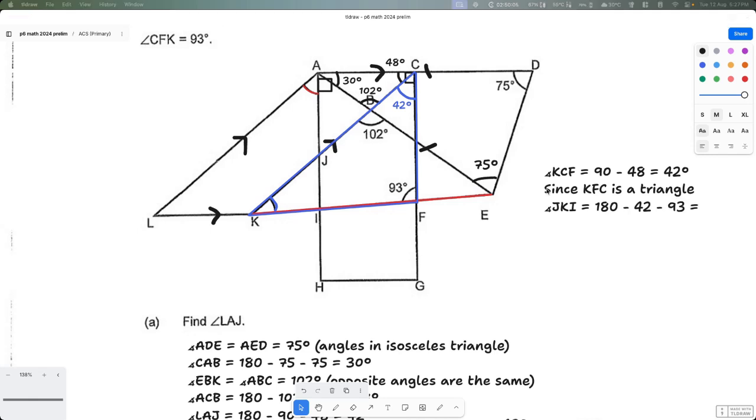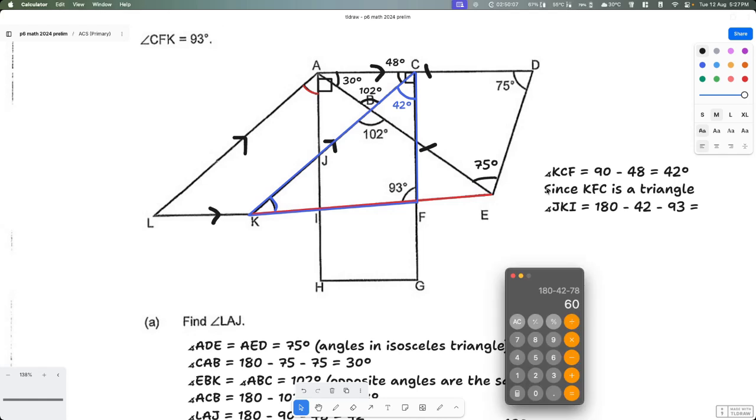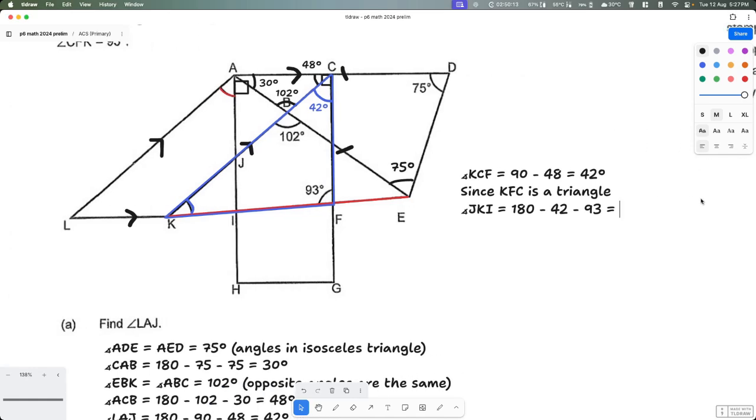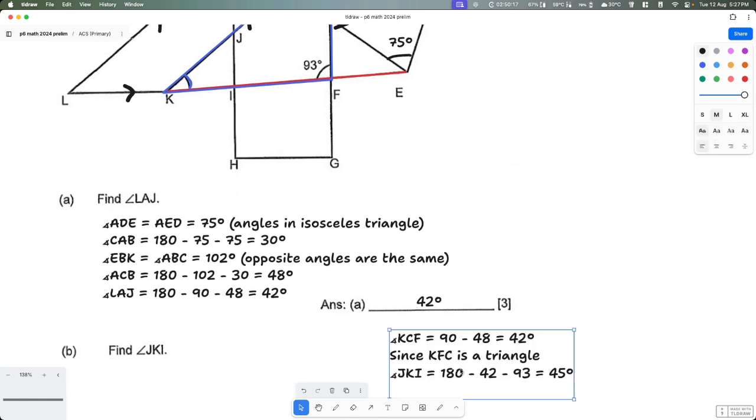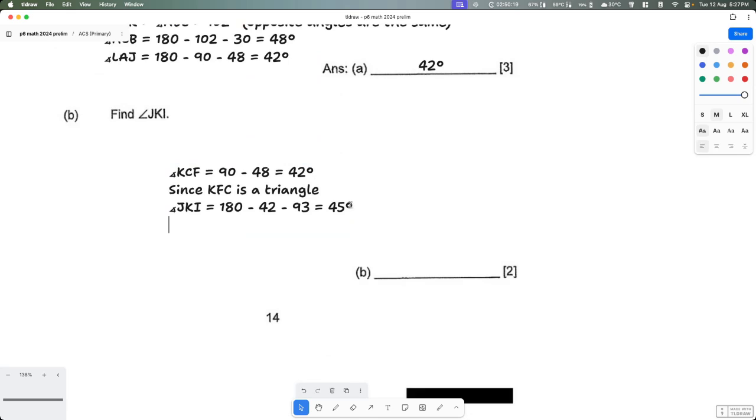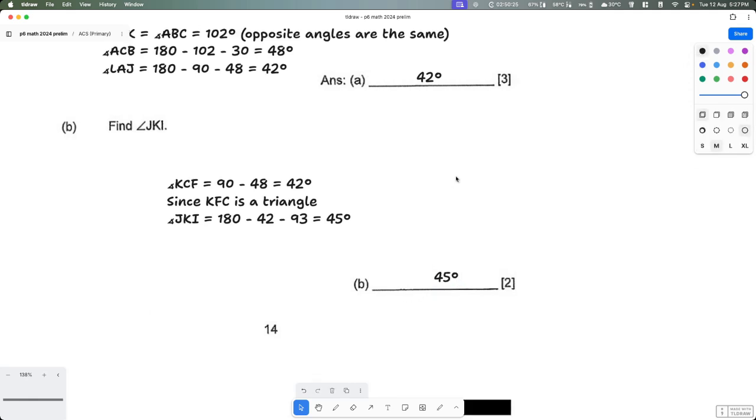Okay, so let's use our calculator. 180 minus 42 minus 93. This gives us 45 degrees. There you go, and that's the answer. So the answer is 45 degrees. Okay, not in purple, but in black. Okay, let's move on to the last question.